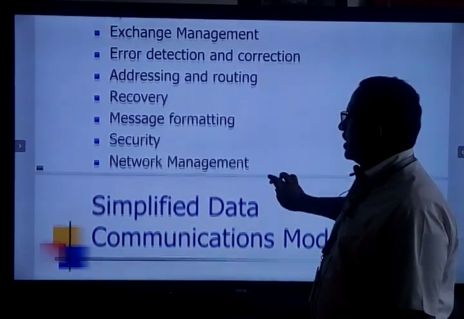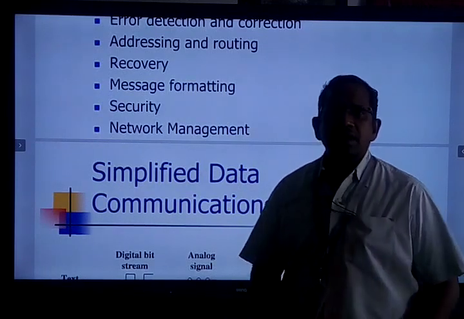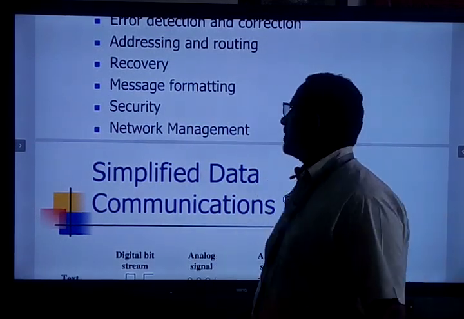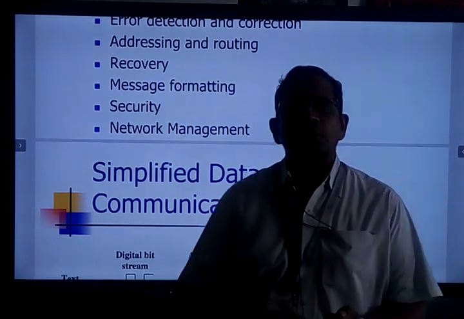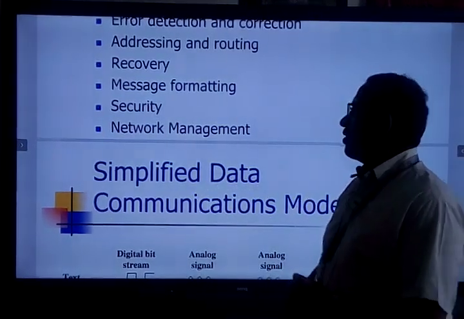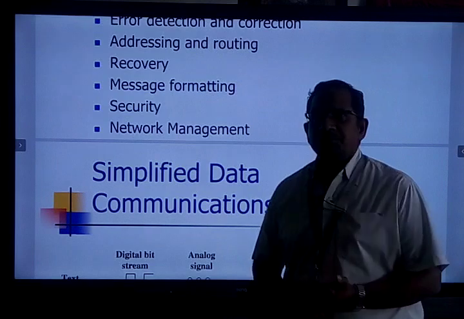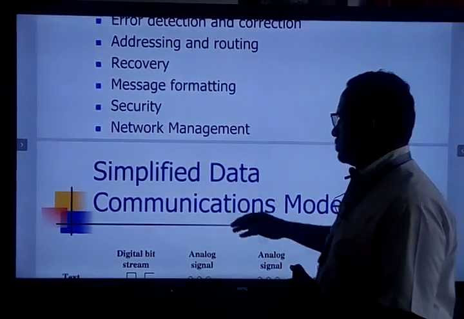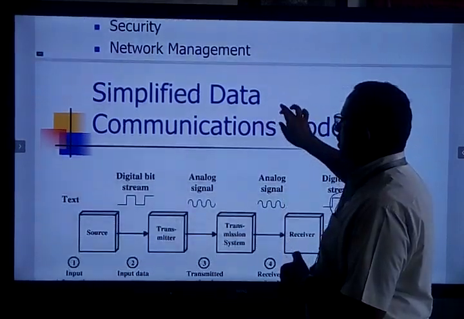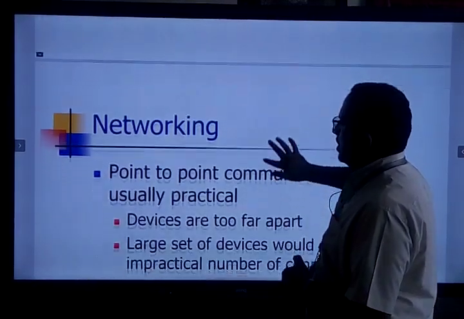Security we provide at the presentation layer. Network management: whenever a network is not working properly, you have to transmit some network control signals to control the network, and for that we use network management protocols.